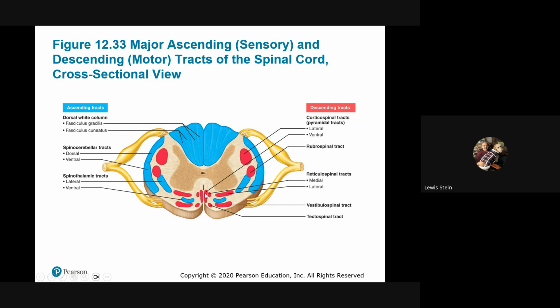That is the main tract for the big thing. Move your hand. Grab this with your fingers. That's the main command. The ones that assist the process are these other ones. Again, rubrospinal, vestibulospinal, tectospinal. Don't have to know them. That's med school anatomy, graduate level anatomy.